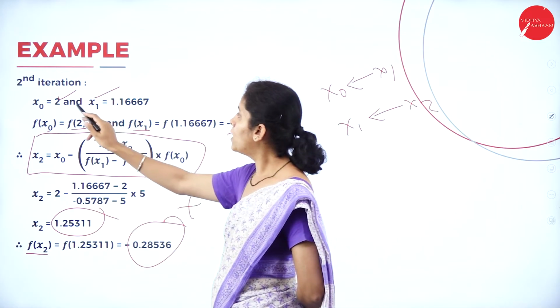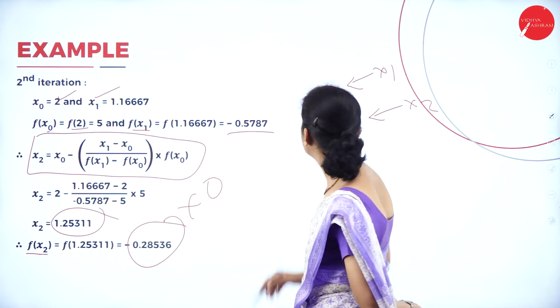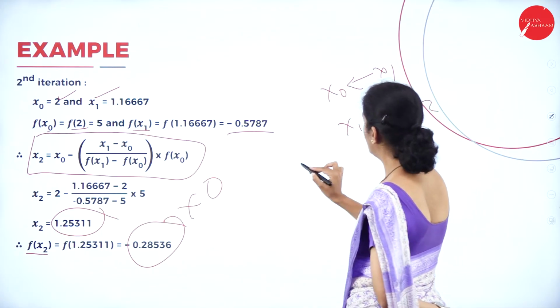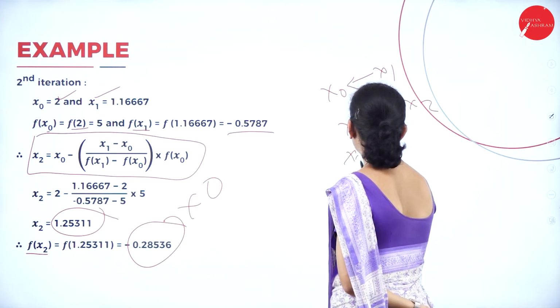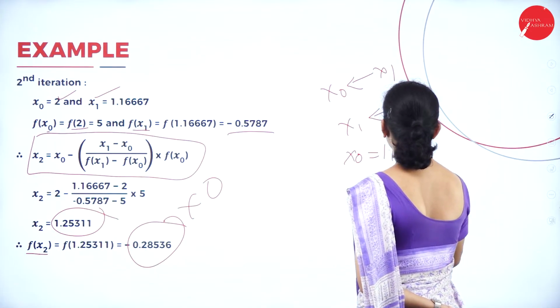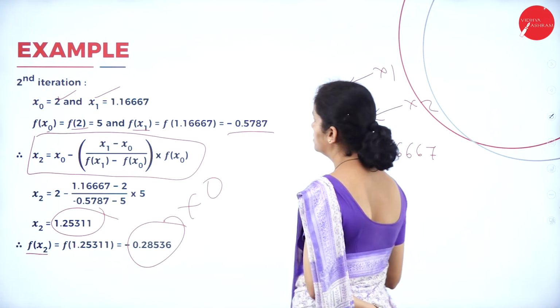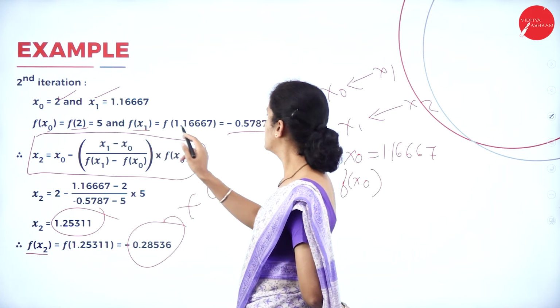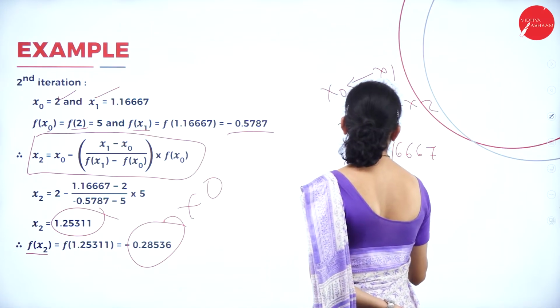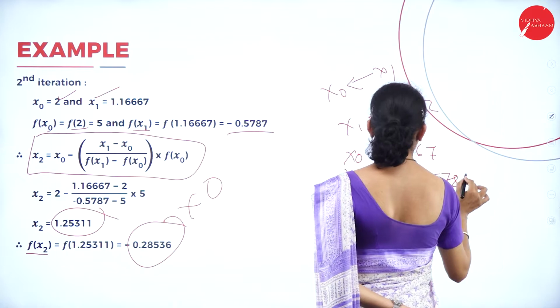Now my x0 is nothing but my x1 and x1 is nothing but my x2. Fine. So what is my x1 here? That is 1.1667, which is nothing but the x0. So x0 equal to 1.1667. Then what is f of x0? That is minus 0.5787.